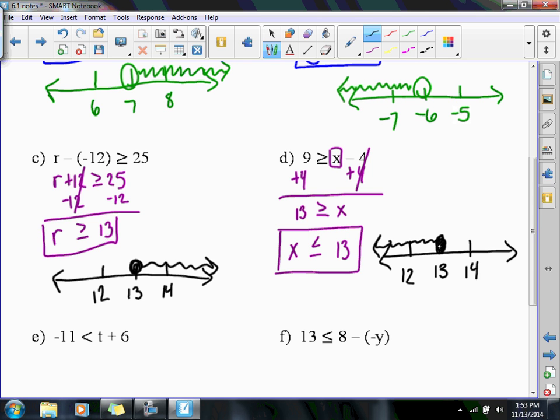So that tells me that 13 is greater than my answers. So again, I could still shade to the left and make sense out of this statement on the graph, but I think just from experience, having that variable on the left side makes the statement read in a more familiar way, so that you're able to graph it more accurately.